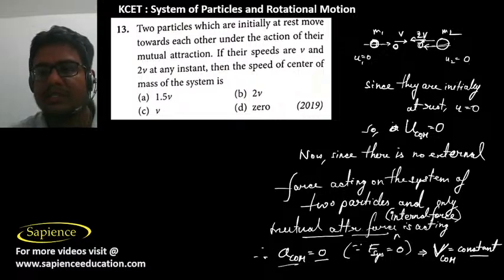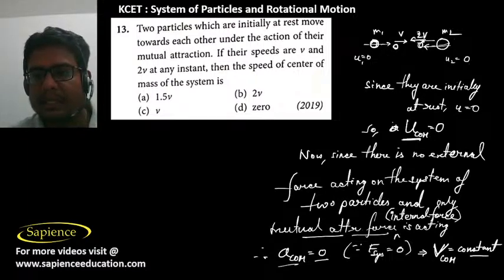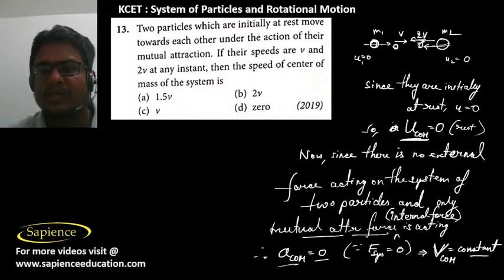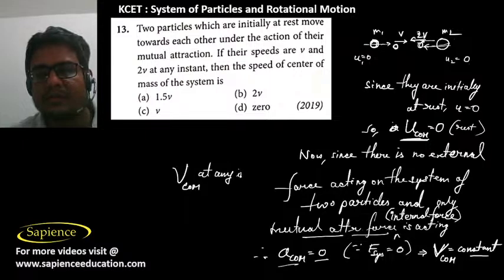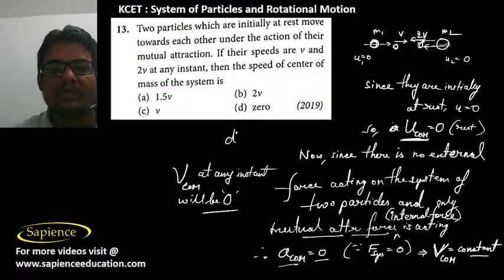Since initially the system was at rest, the center of mass was initially at rest. So the velocity of the center of mass at any instant will be 0 only. It means option D is the correct answer.